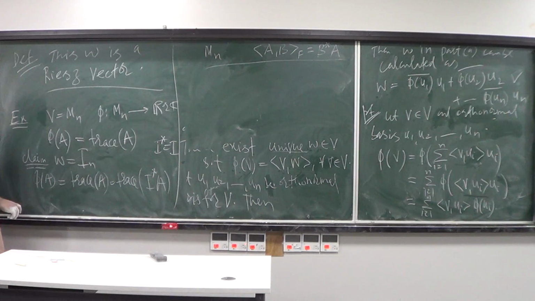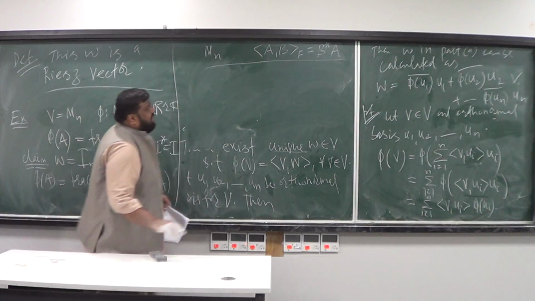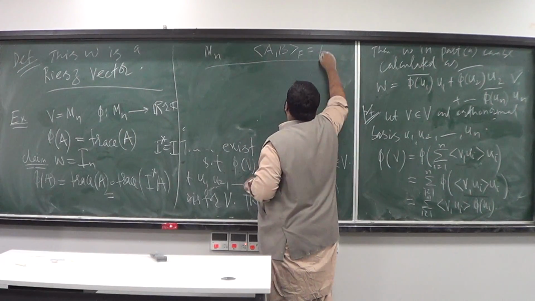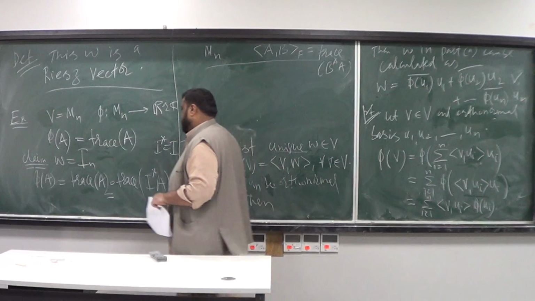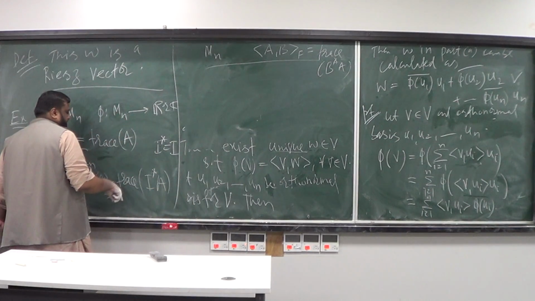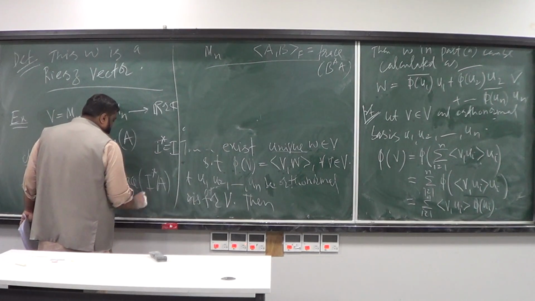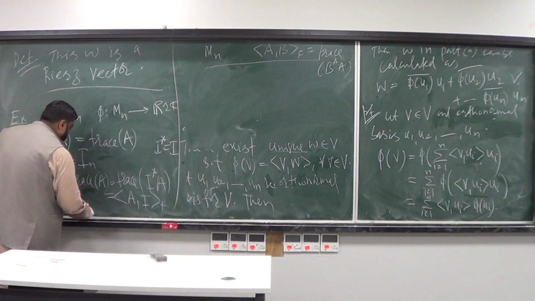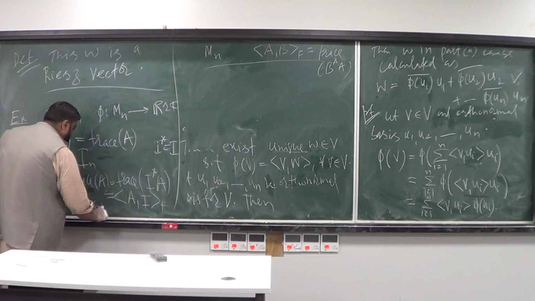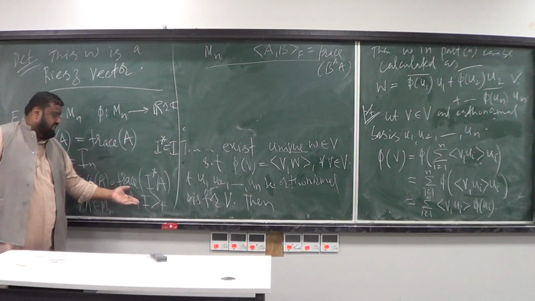Just go back and check. And by definition, the trace of I star A, by the Frobenius inner product, is going to be A inner product with I in F. And this is true for all A in Mn. So what does this show? For the trace functional, the Riesz vector is the identity matrix.